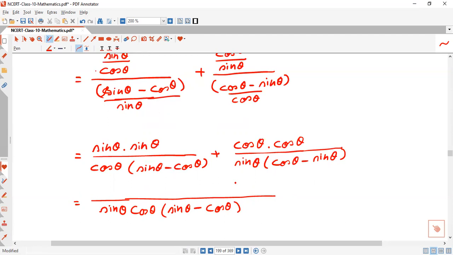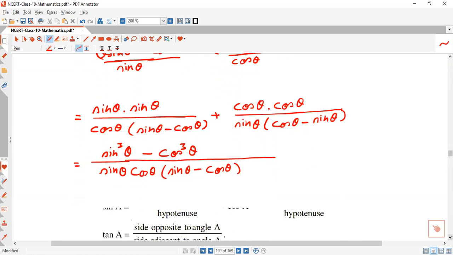So it will come out, sine square theta is already there, and if we multiply this one, we get sine cube theta. On this side also, multiplying this one, we get minus cos cube theta. Sine cube theta minus cos cube theta, you know the formula of a cube minus b cube.